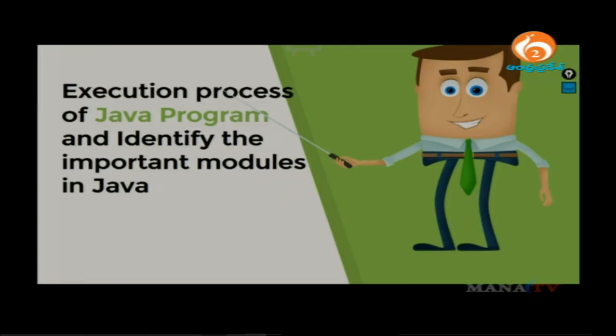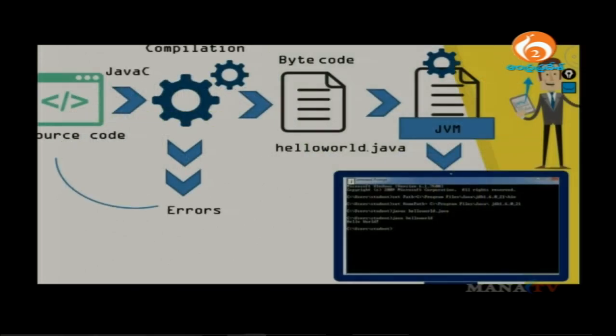The first part we are going to learn is the execution process of a Java program and identifying the important modules in it. First, you have your Java source code, the code you wrote in Java in the last session.